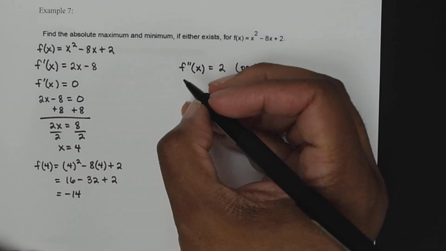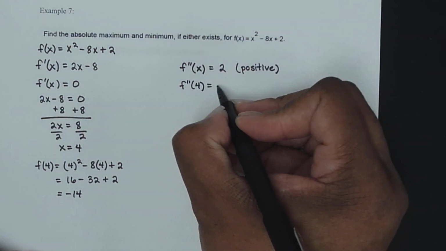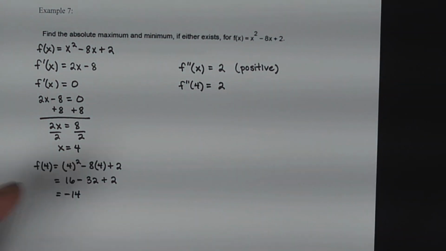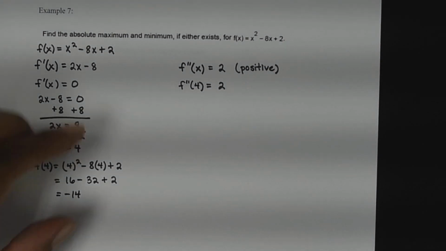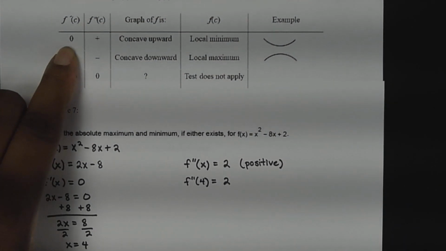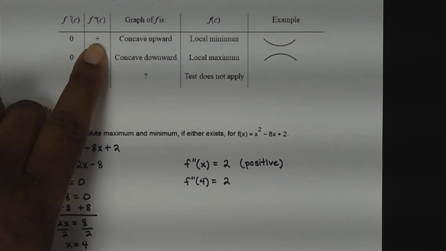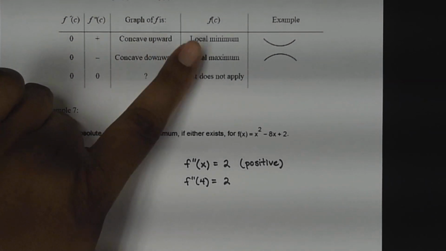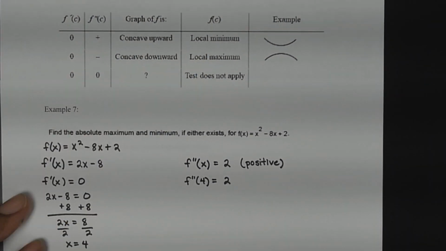Because we can take x equals 4 and find out what that is. f double prime of 4 is still going to be 2, so it's a positive number. So that means from this second derivative test, f prime of c is 0, but f double prime of c came out to be positive. It's going to be concave upwards, so that means f of c has a local minimum.